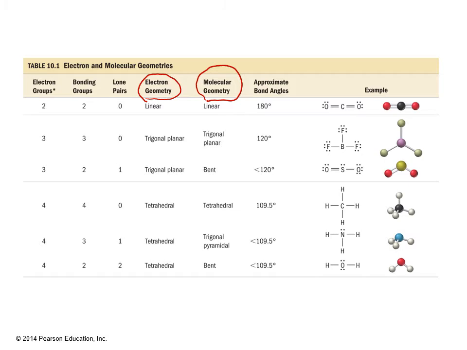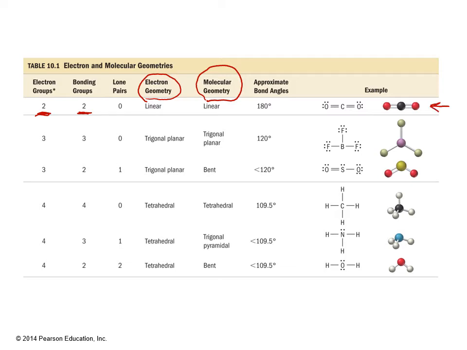The way we determine what the shape is and the bond angle depends on the number of electron groups. So if we look at our first example where we have two electron groups, and they are both bonding with no lone pairs on our center atom, we are going to have a linear shape. Our example is carbon dioxide.